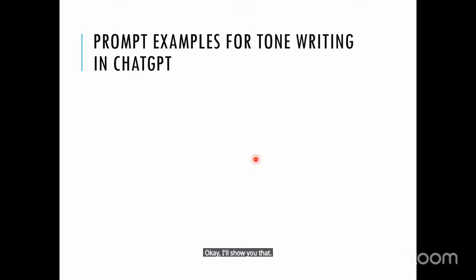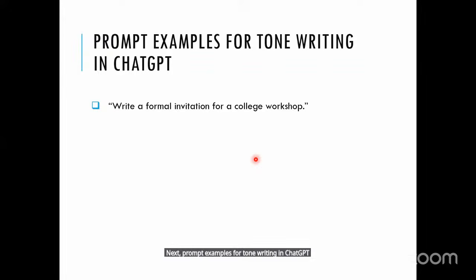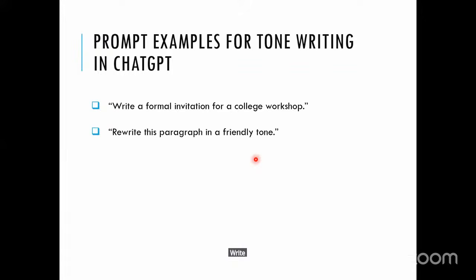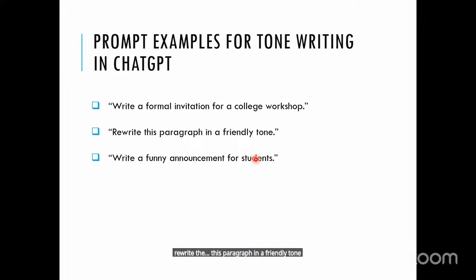Fine. Next, prompt examples for tone writing in ChatGPT. Can you find this? What prompt it is? Write a formal invitation for a college workshop. Rewrite this paragraph in a friendly tone. First one is formal tone, second is friendly tone, and third is write a funny announcement for students.